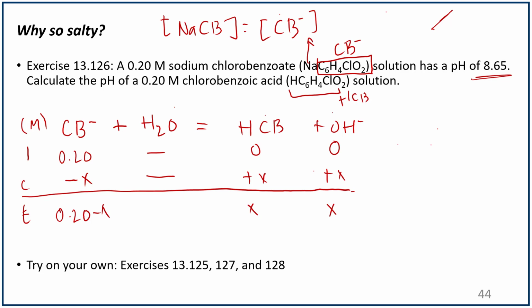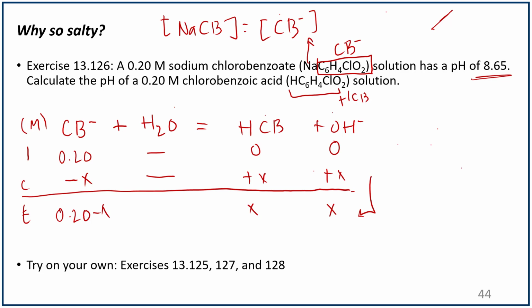Since chlorobenzoate is a weak base, instead of using the pH to determine the hydronium ion concentration, we can use it to solve for pOH, and then determine the concentration of hydroxide at equilibrium, which is equal to x. What I'm trying to say is that from this pH, you can determine the concentration of hydroxide at equilibrium.